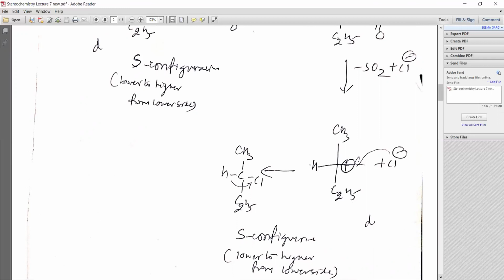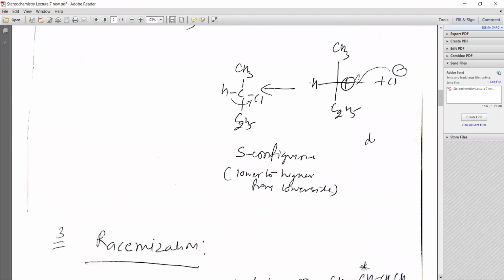So there is no change in optical activity. So this reaction is known as retention.